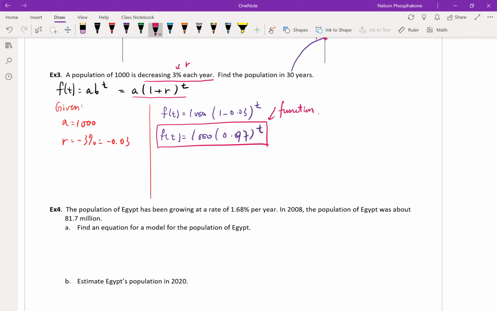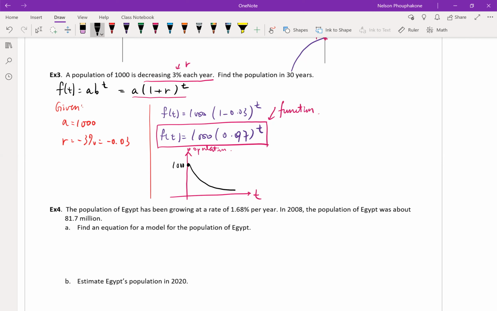Now let's see how we sketch this function. This is t, which is time, and this will be the population. We know what happens to the population: we start at 1,000, and then we are going down by 3% per year.